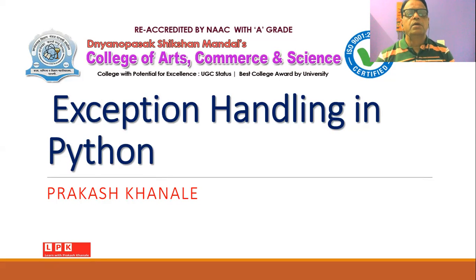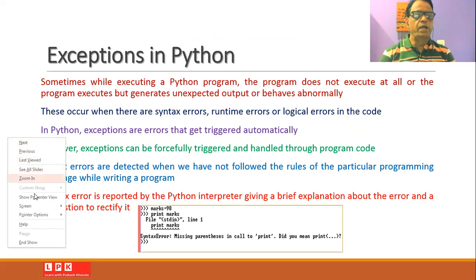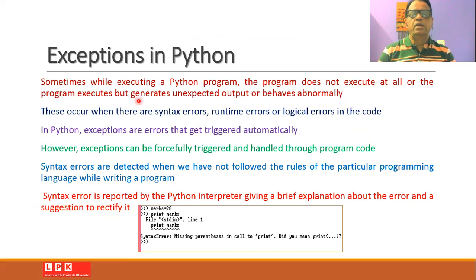So let us start the session with the question: what do we mean by exceptions in the Python program? Friends, you will find that whenever we write code in any programming language, certain errors will always occur within our program code.